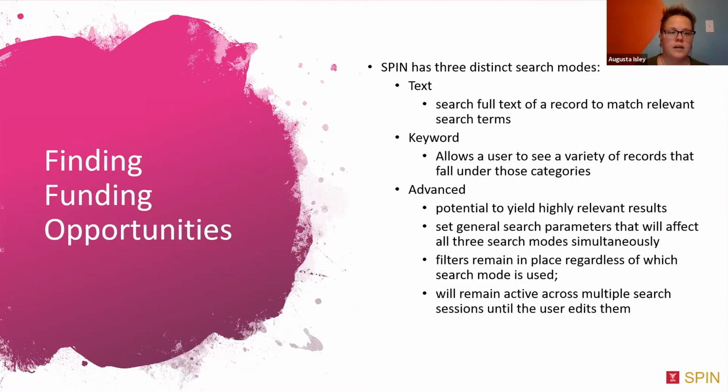So it's sort of like advanced is a double-edged sword. As you get more familiar with the software, that might be a more useful option for you. I haven't really played around much with the advanced options. I've really stuck to the text and the keywords and adding some additional filters in those ways. Yeah, I'll show you those as we walk through it.